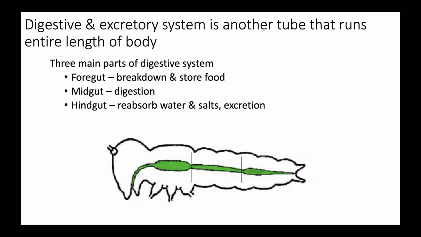When it comes to digestion and excretion, it's another tube in their body. They've got 3 different parts of their digestive system: the foregut, midgut, and hindgut. There's a lot going on with reabsorbing nutrients and water and salts.